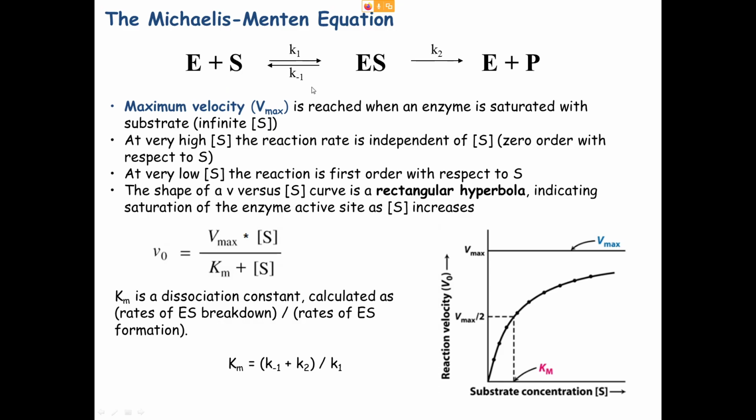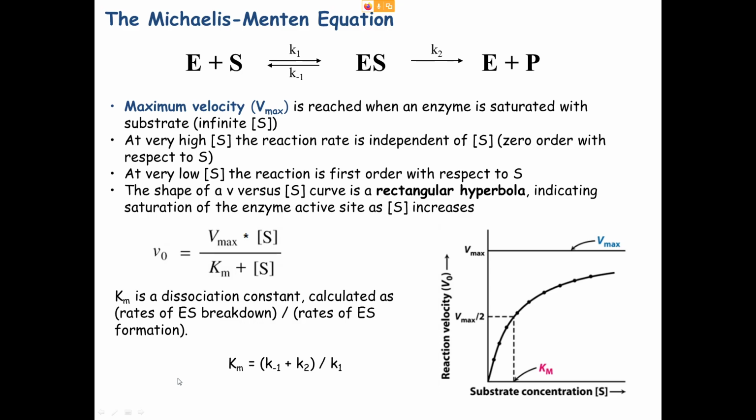So there's 2 ways it can fall apart. And how many ways can ES be formed? Since we are biasing that this can't happen, there's only one way we can make it, and that's E binding to S to make ES. The rate of it falling apart is K2 and K minus 1, and the rate of it forming is just K1. So it's the ratio of falling apart over formation.